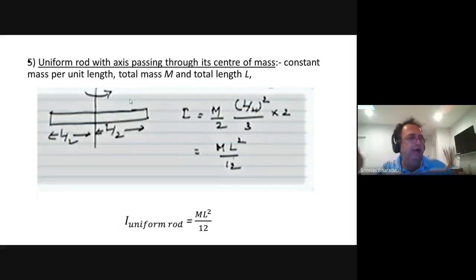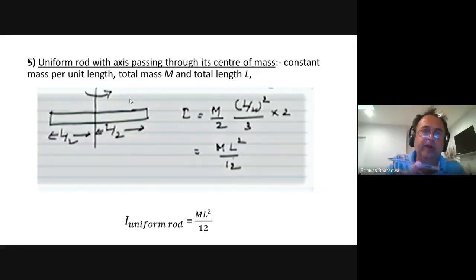The rod about its center is M L square by 12. Remember that the moment of inertia about the center of mass is always the lowest. So how do you do that?